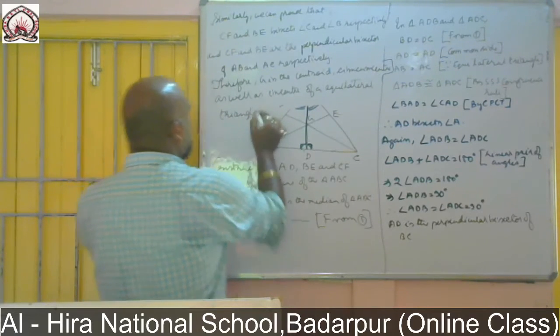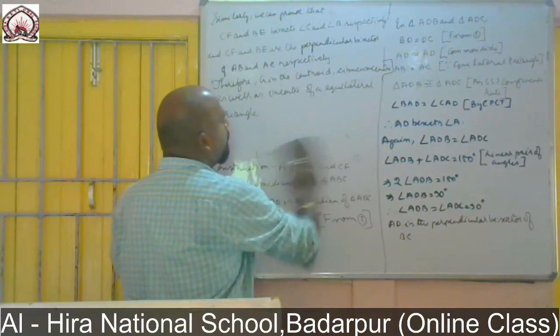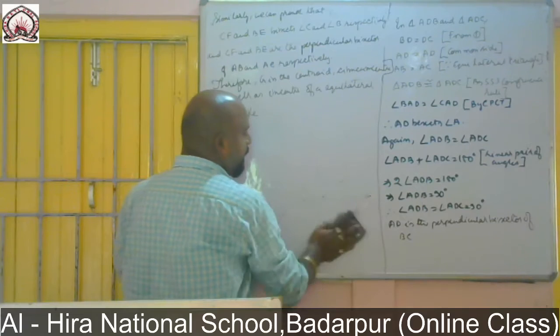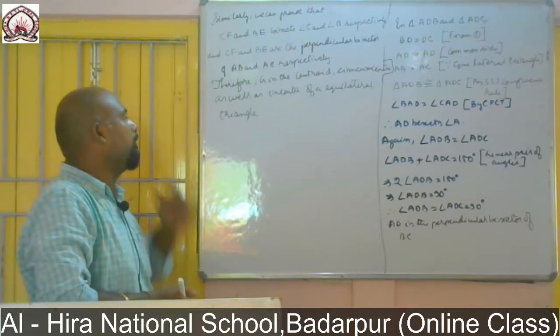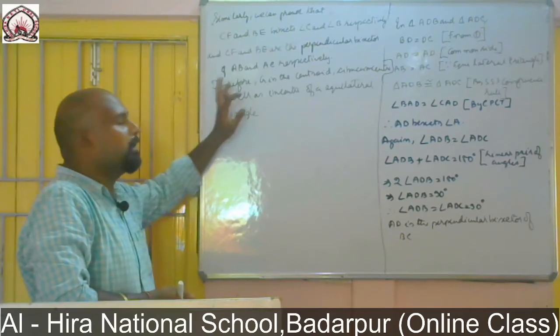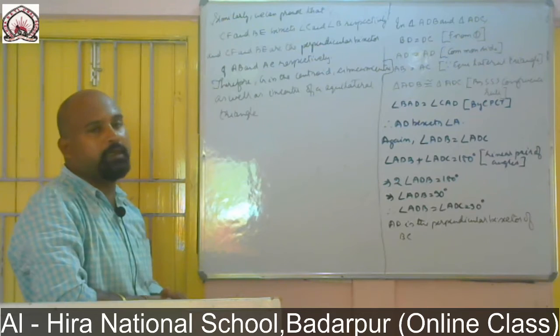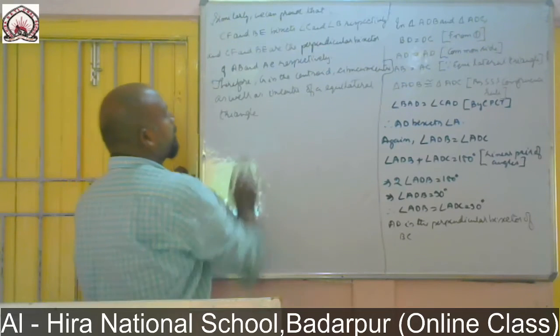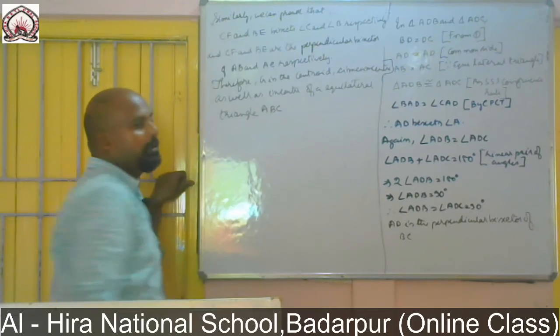What can we say? We can say that G is the incenter, circumcenter, as well as the centroid of the equilateral triangle ABC. Okay.